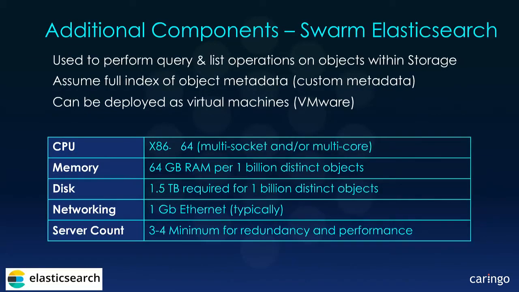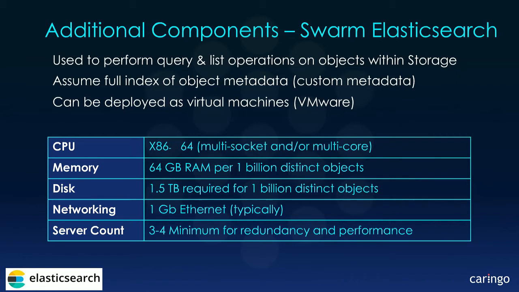All right. Another component you may plan on deploying would be the Swarm Elasticsearch implementation. And Swarm Elasticsearch is needed if you plan on doing list and query operations on the object's metadata characteristics within Swarm storage.